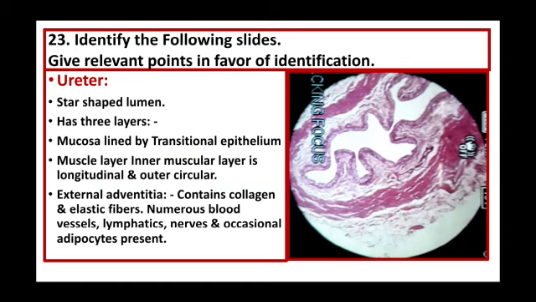The muscle layer comprises an inner muscular layer, which is longitudinal, and an outer circular layer. The adventitia contains collagen and elastic fibers. Apart from this, blood vessels, lymphatics, nerves, and occasional adipocytes are seen.